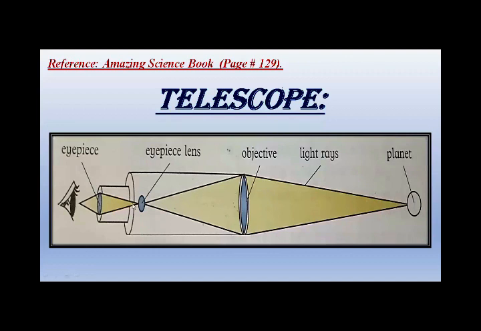The eyepiece is also a convex lens, but it is more powerful than the objective lens. We use the telescope to see faraway objects, like the planets and stars.